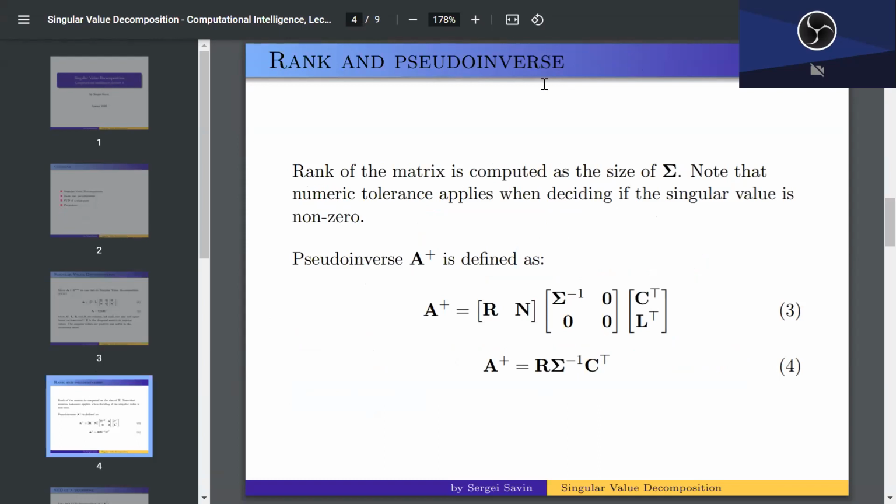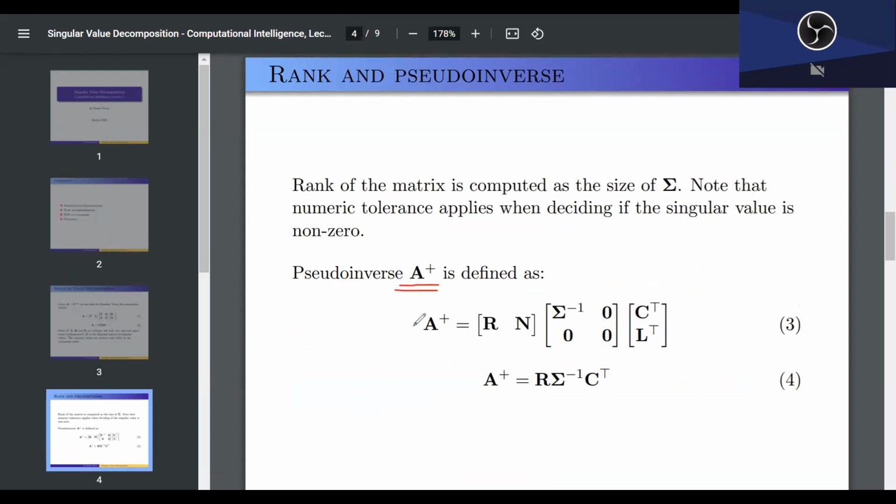First of all, rank is the size of this matrix, right? As I said. Now, what is a pseudo inverse? Pseudo inverse is defined as such. You simply transpose the whole thing and replace this with the inverse.